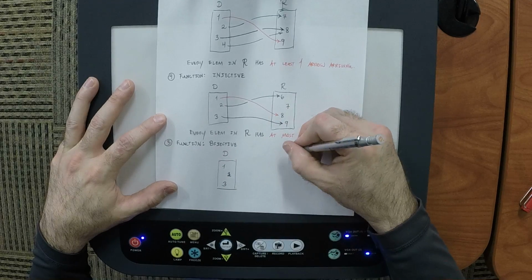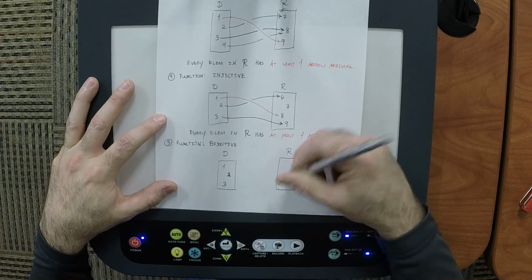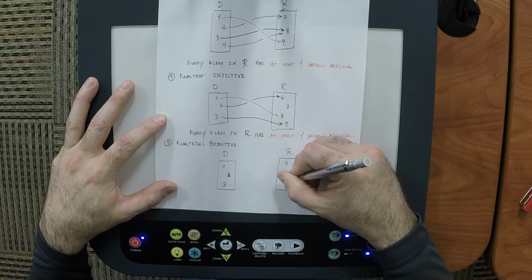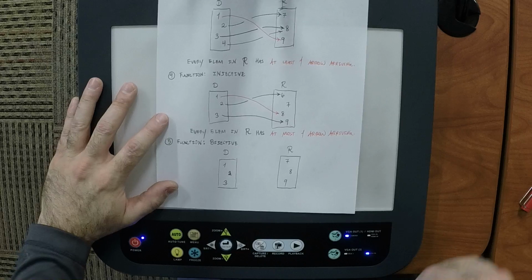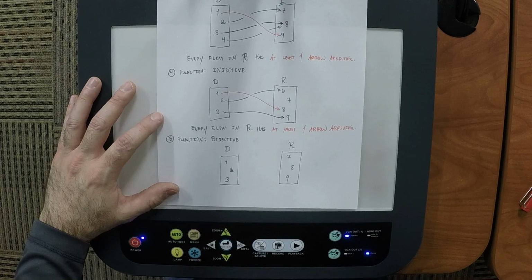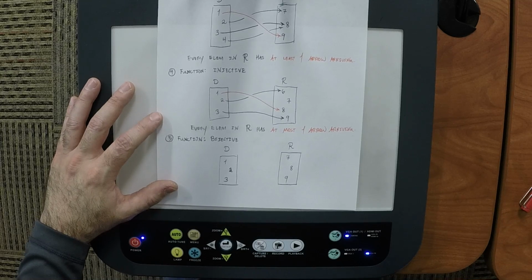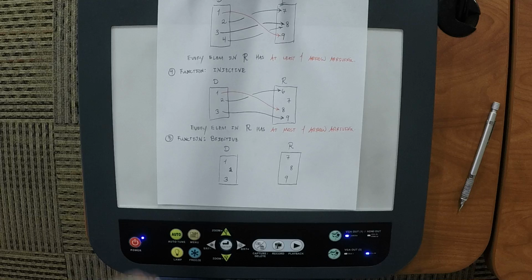If I want it to be bijective, how many items can be in the vending machine? 3. Because to be injective, there have to be at least 3 items, and to be surjective, there have to be at most 3 items, because otherwise it wouldn't work.